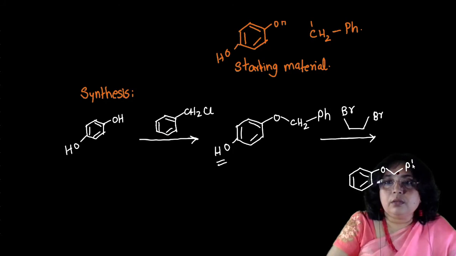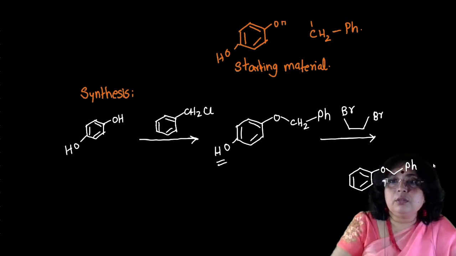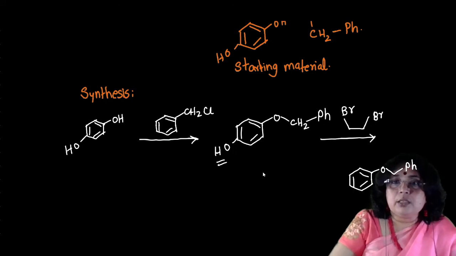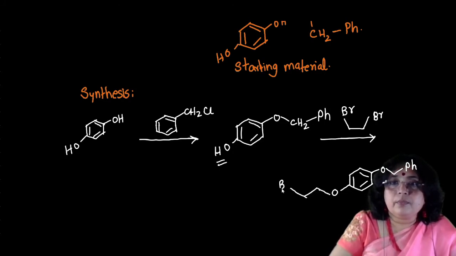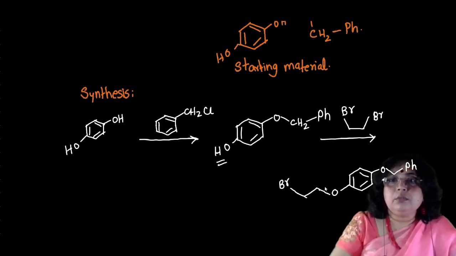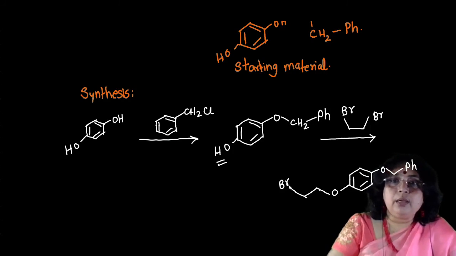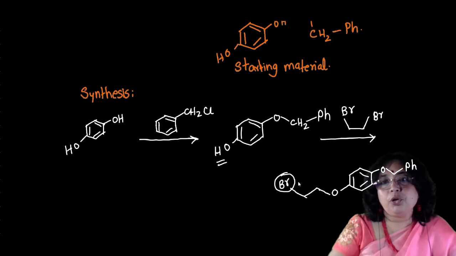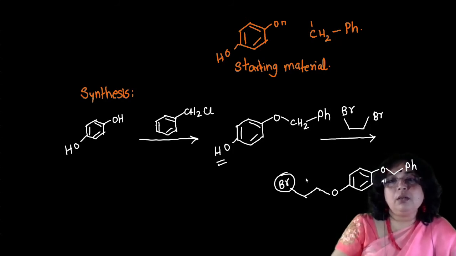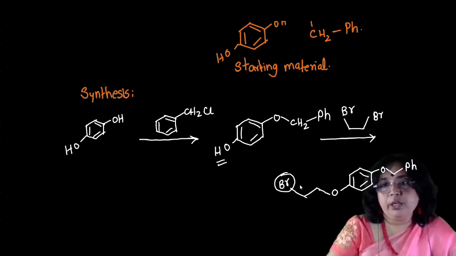So this is the first OH, which is benzylated, and this is the other OH, which is now the alkylated portion with the other terminal having Br, which is very important because we need to put the NH group over here.